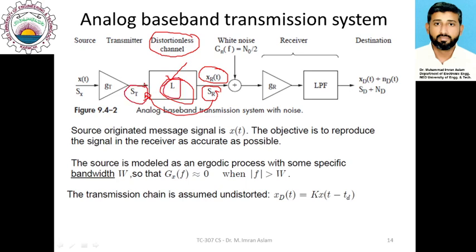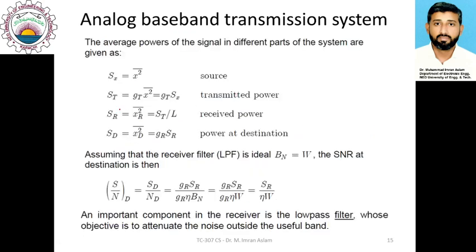So the transmitted power would encounter this loss L to give the received signal SR. So this received power SR can be represented as transmitted power divided by the loss encountered by the channel. Of course, this received power can be represented as the mean square value of the received signal as well.